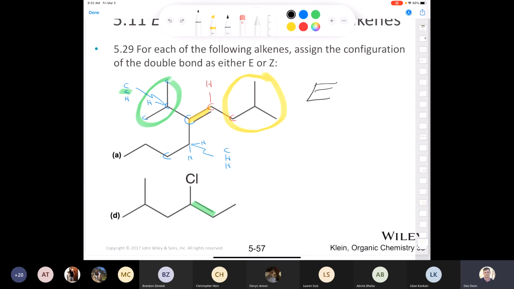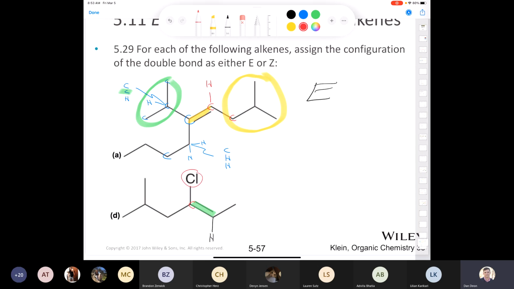Let's take a look at the next one. I'll give you a second, and if anybody could tell me if the next one is E or Z, that would be just great. Give you a second to think about it. Yeah, there we go. My students are all saying that it's Z. Well, let's take a look at the first carbon.